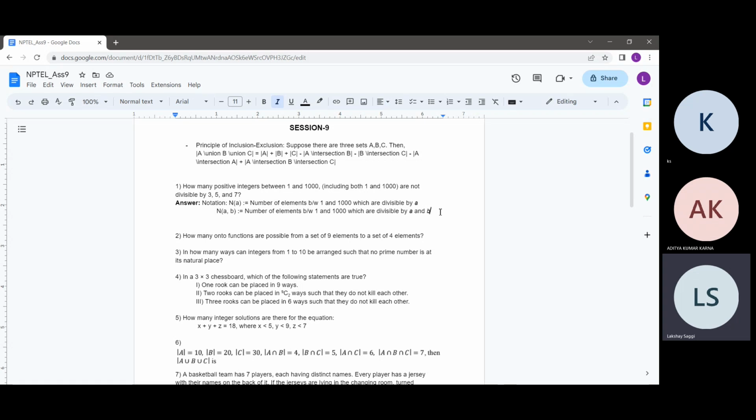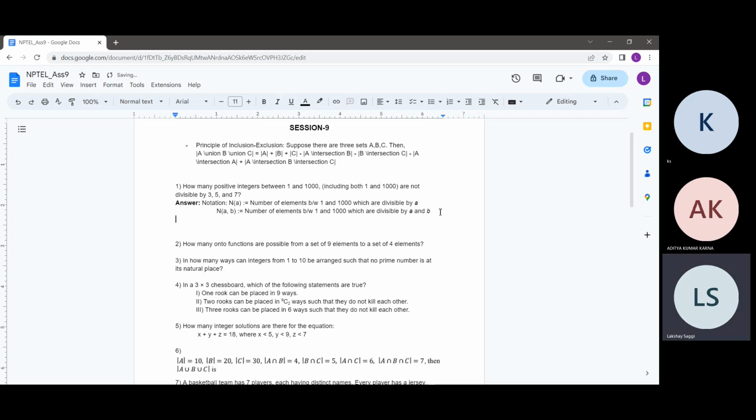For that, we can just do 1000 by 3 and take its greatest integer function, and that will be the value. But the numbers which are not divisible by 3 and 5, it's a bit more complicated. So we try to reduce that to values which we can calculate straightforwardly. I hope I'm being clear.